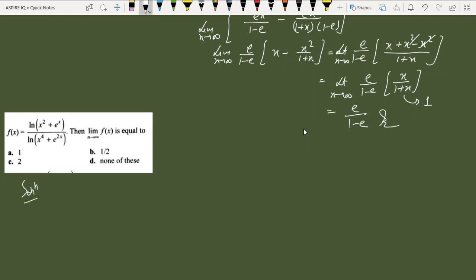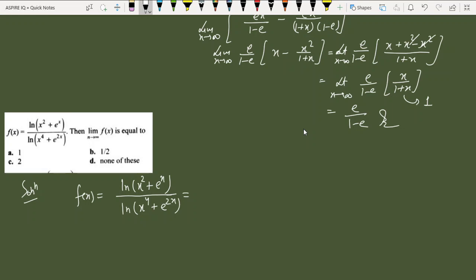Solution: f(x) is ln(x square e to the power x) upon ln(x to the power 4 e to the power 2x), right? So this is ln infinity upon ln infinity form, we can say infinity upon infinity form.